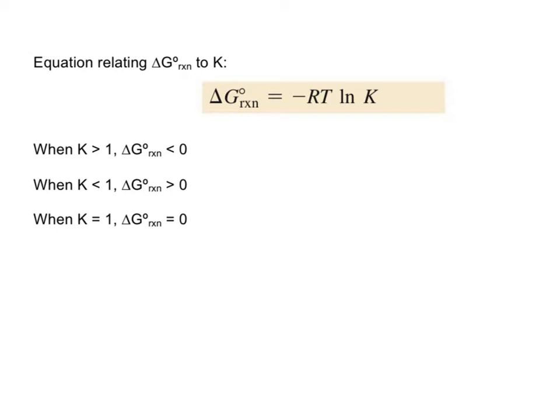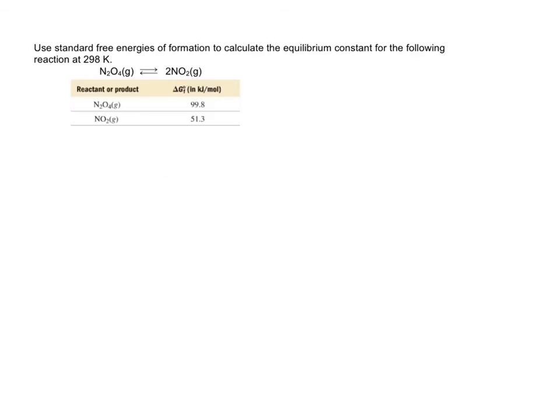Now we can use this equation, along with what we learned back in the thermodynamics unit, to calculate our equilibrium constant. If we have the equation N2O4 goes to 2NO2, and we have the delta G of formations for each of the reactant and the product, you can calculate a delta G. Delta G of a reaction is equal to the delta G of formation of the products minus the delta G of formation of the reactants.